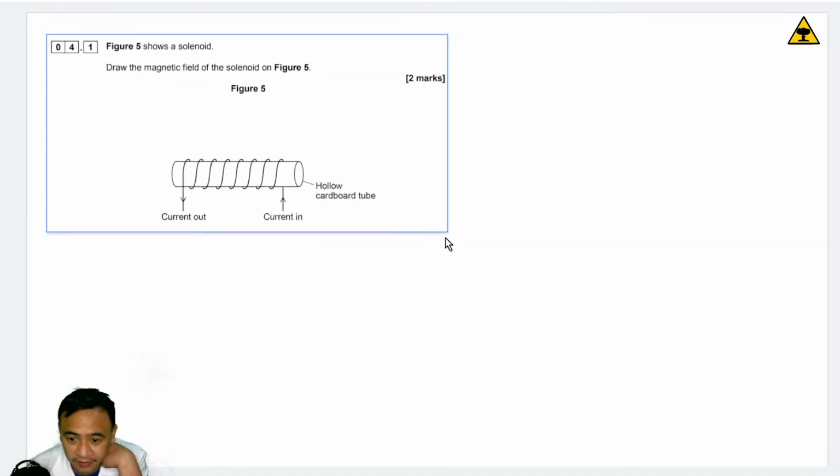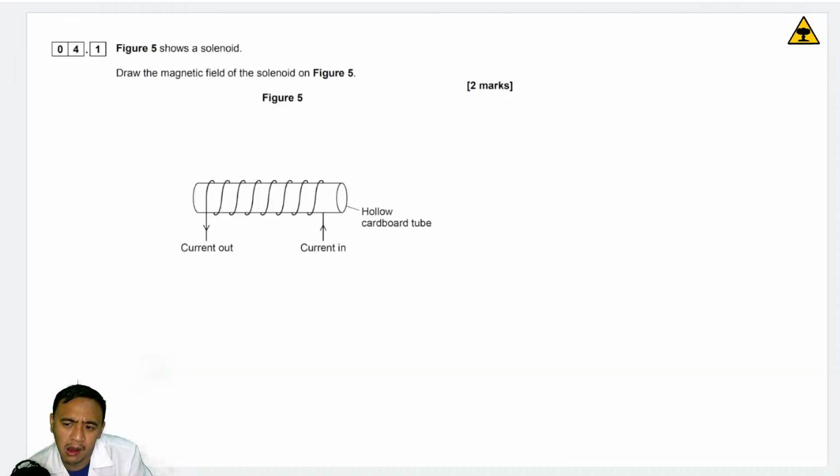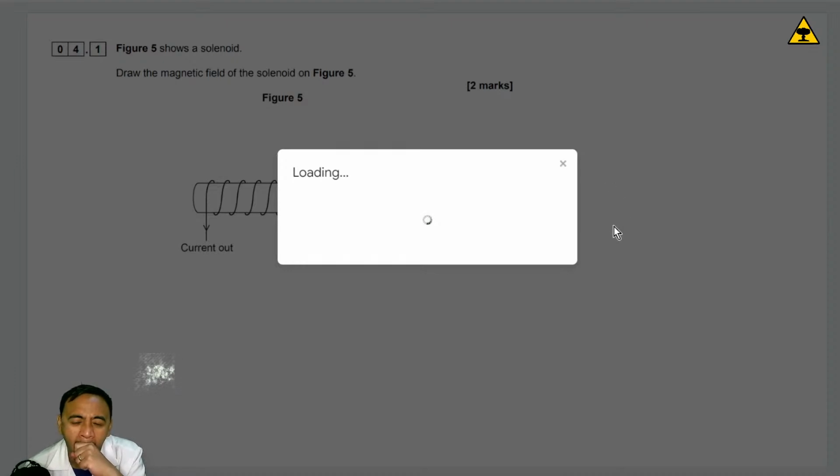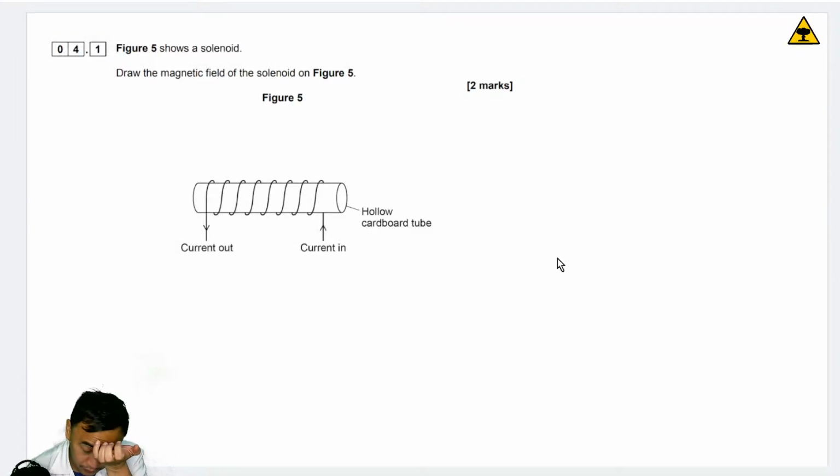You've learned this before, right? Magnetic fields?